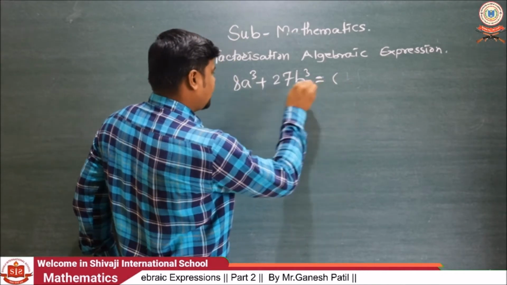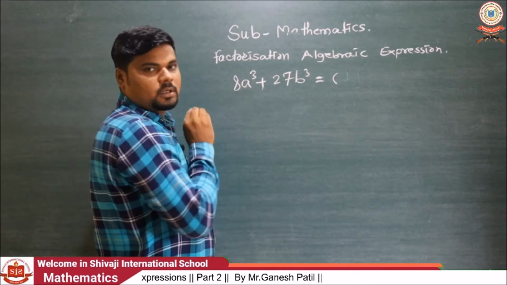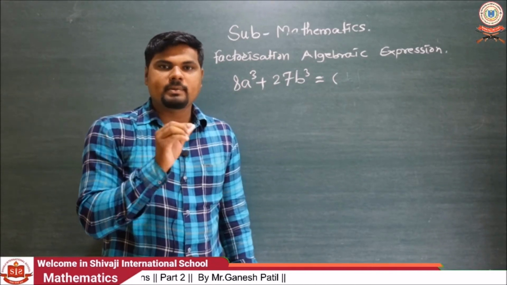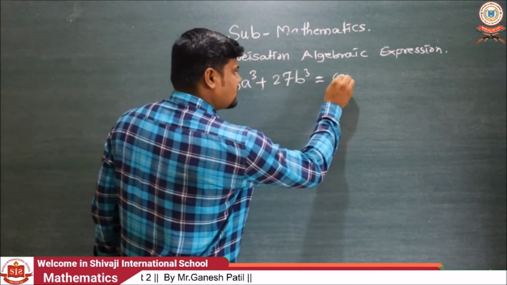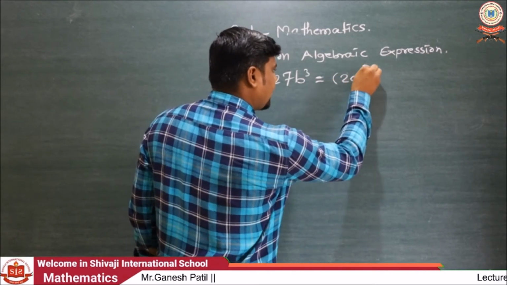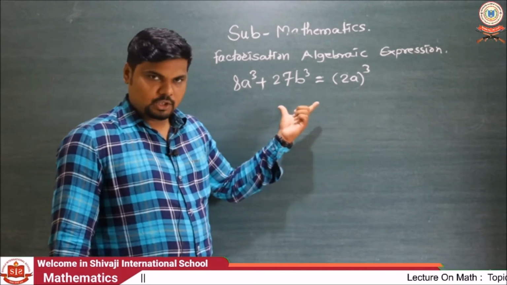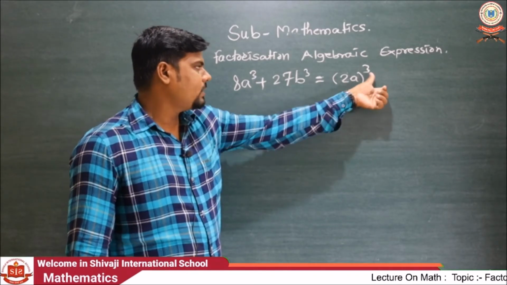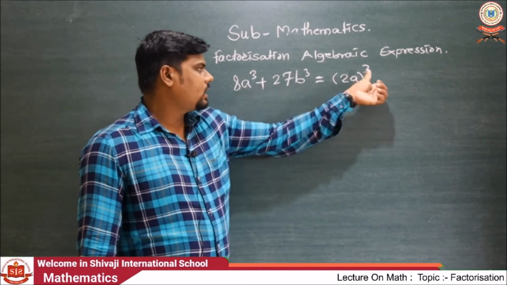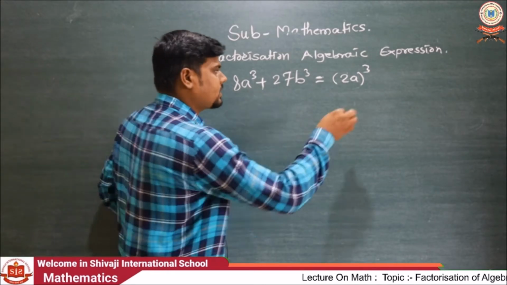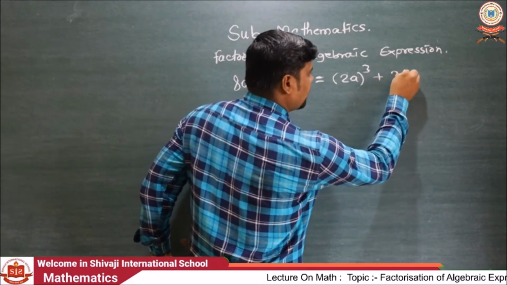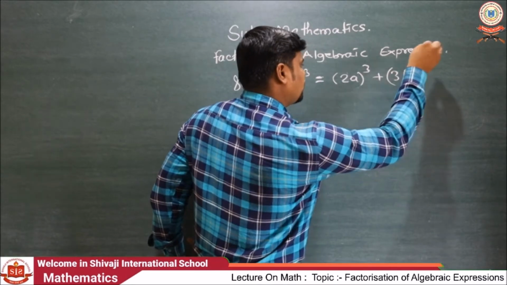Which number's cube is 8? It is 2, so 2a in brackets, cubed. The meaning does not change: we just take 2 cubed is 8 and a cubed, plus 27, which means (3b)³.